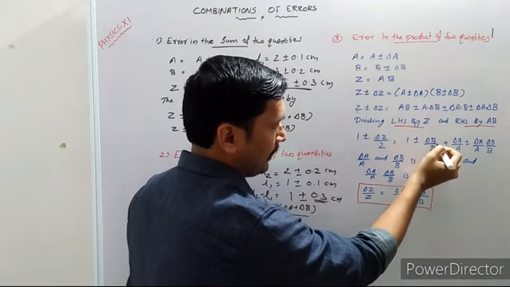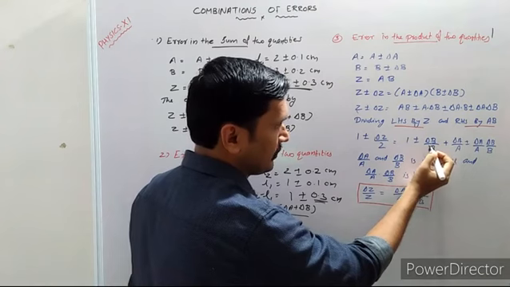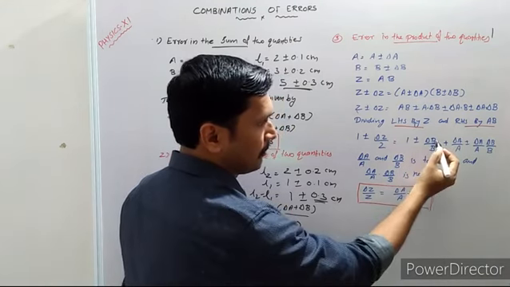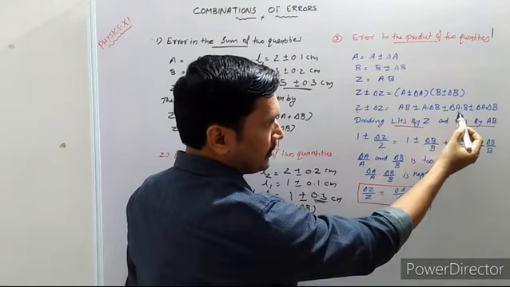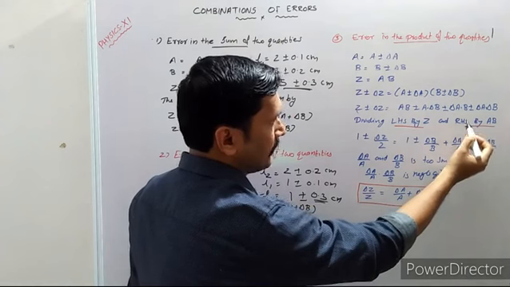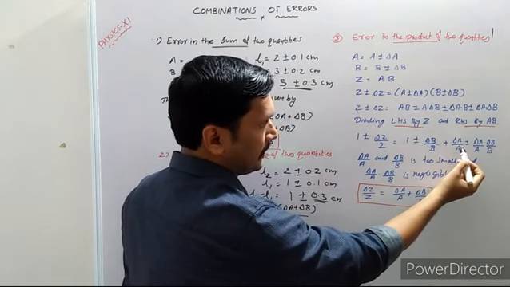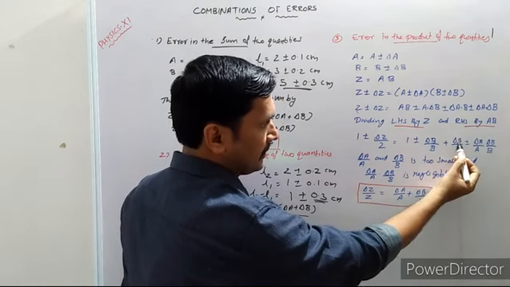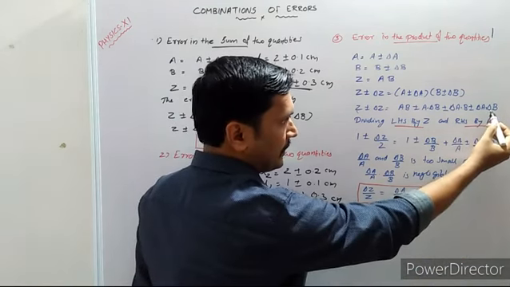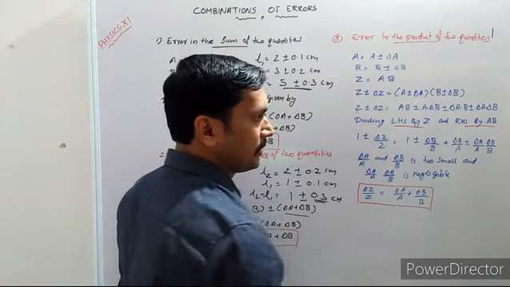So A and A get cancelled, and we get delta B by B, plus delta A into B divided by AB. So B and B get cancelled, and we get delta A by A. And the last term, delta A by A into delta B by B.